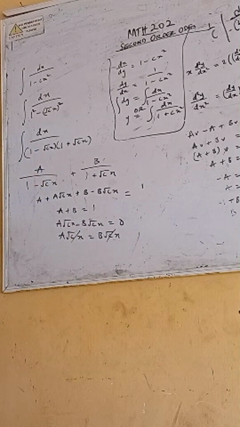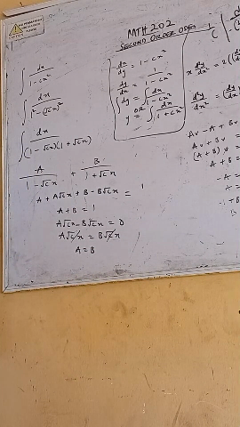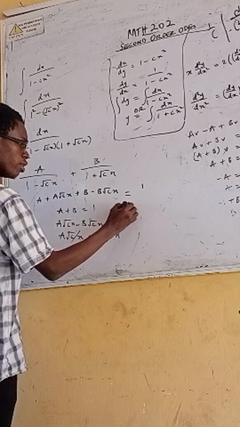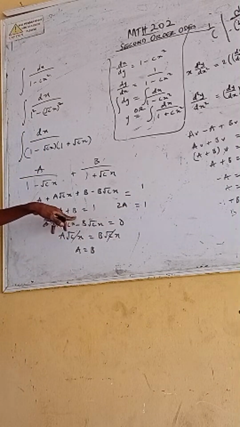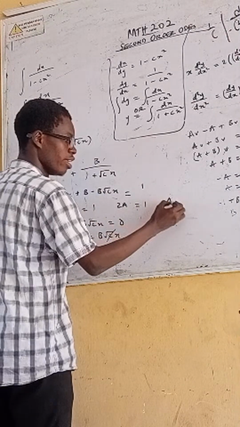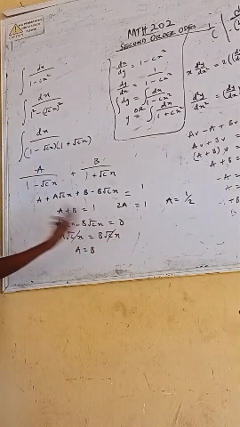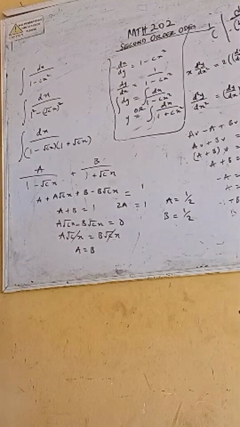So A equals B, and A plus B equals 1. So I can now say 2A equals 1. B is the same thing as A, so A plus A is equal to 1, 2A equals 1, so A equals 1 over 2. A is the same thing as B, which means B is also 1 over 2. Do you get what I'm doing?